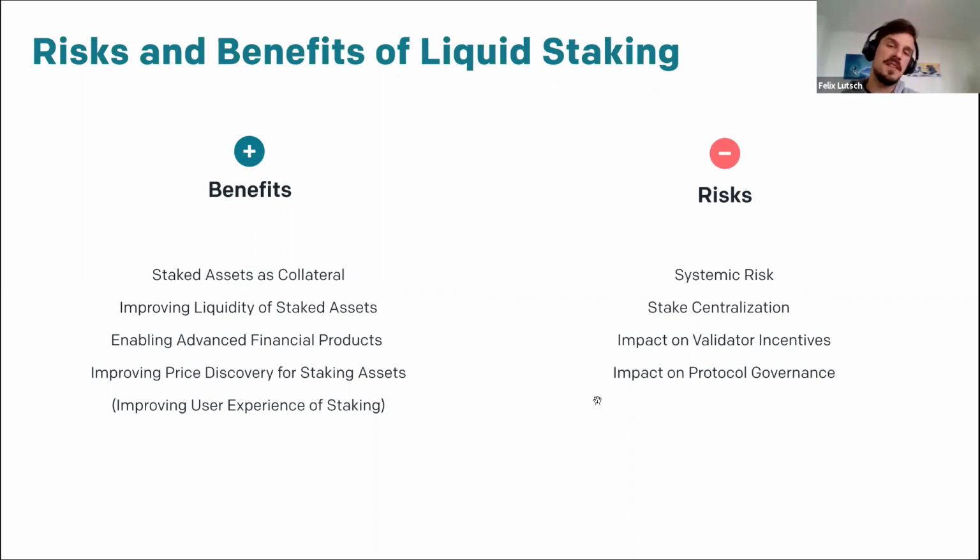Then on the other side of liquid staking, which is probably the more important one, are the risks associated with it. So there's probably a lot to be said here. The main thing we see is this systemic risk. Right, there's more complexity. You now have these assets somewhere in your DeFi protocols. Anything that goes wrong might lead to some cascading failure if you're not careful.